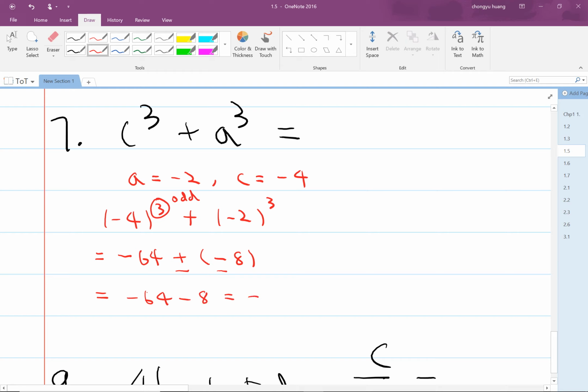Since those two numbers have the same sign, negative 64 minus 8 is going to be negative, and then 64 plus 8 is actually 72.